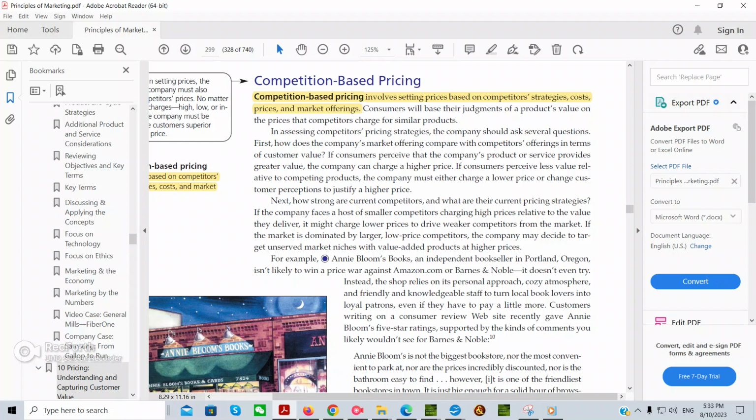Now, in assessing competitors' pricing strategies, companies should answer several questions. First, how does the company's market offerings compare with the competitors' offerings in terms of customer value? Which one is more valuable? Is it more valuable to have more time per student, one on one, if you're the student?